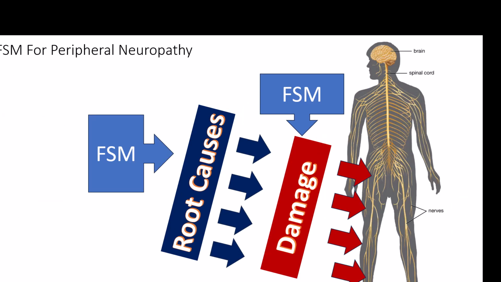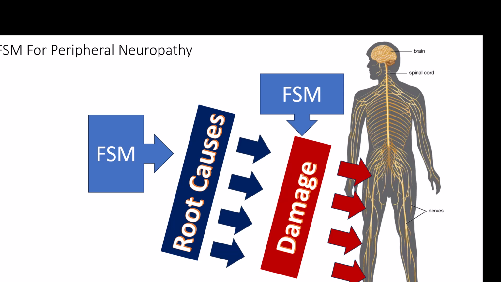I'll summarize what I've gone over in this presentation here. When you're treating peripheral neuropathy, you will be treating the injury, damage, inflammation, and dysfunction of the nerve itself. But then you're also going to want to treat the root cause if there are FSM protocols available to treat the root cause.